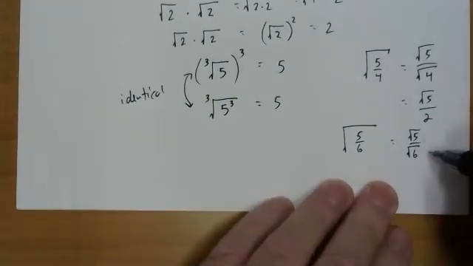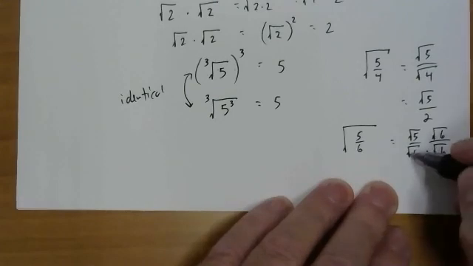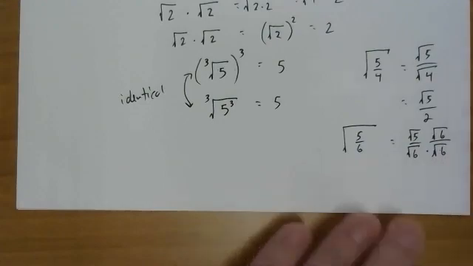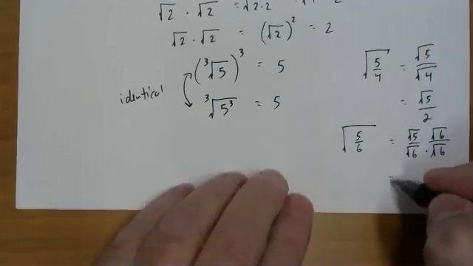But if you remember how to rationalize the denominator, when you have a square root in the denominator, you just multiply the denominator by the identical radical. Of course, I have to do the top and the bottom, right? I don't want to do a lesson on rationalizing the denominator. This is how you do it.